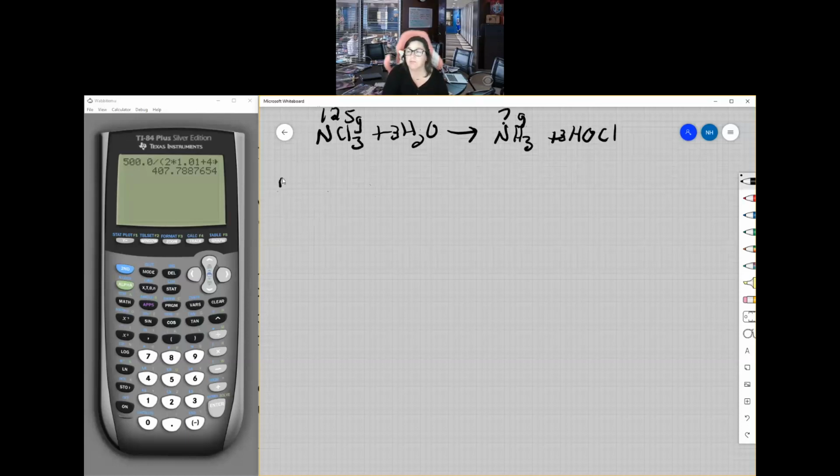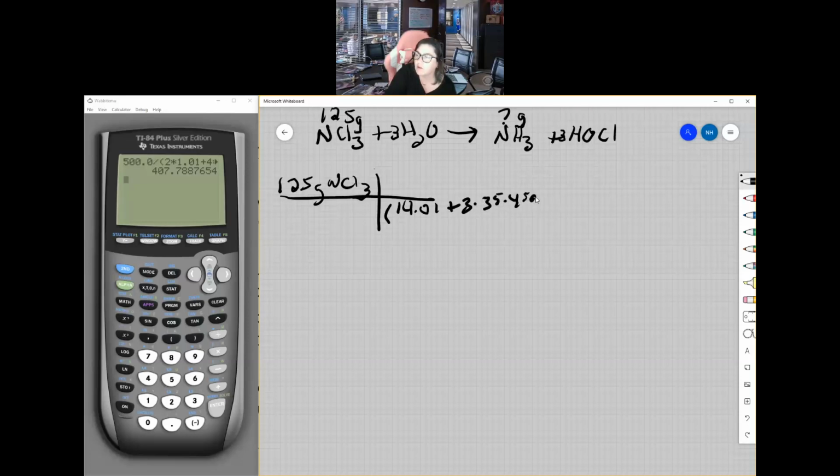Start there. 125 grams NCl3. Divide that by the total for nitrogen trichloride. Nitrogen is 14.01 grams. And then we have 3 times 35.45 grams. And 1 there.